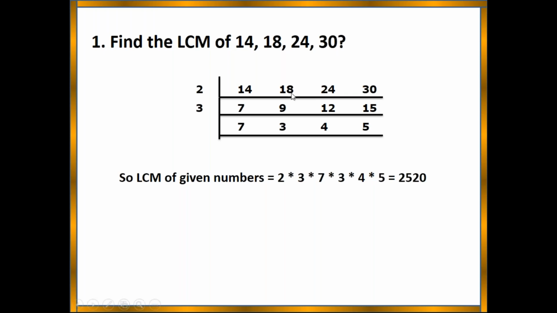Listen, all of you, how to find the LCM by using the factorization method. Four numbers are given now. First of all, write down the prime factorization of 14. So 14 is nothing but 2 into 7, that is 2 power 1 into 7 power 1.